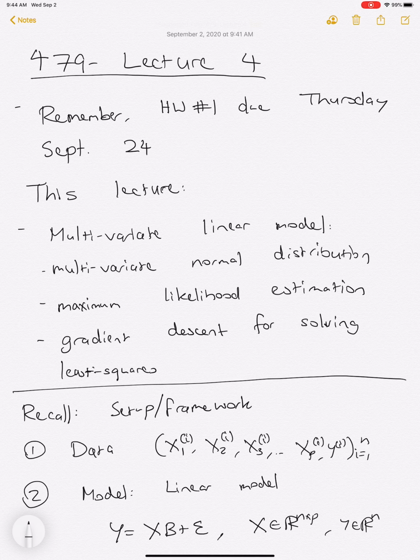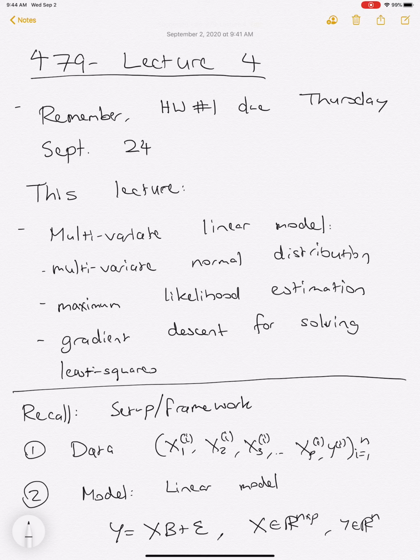So today we're going to continue our discussion on the multivariate linear model and multivariate linear regression. A large part of this lecture is going to focus on the multivariate normal distribution. We're going to look at maximum likelihood estimation. We've seen one approach for estimating the linear model, which is multivariate least squares.